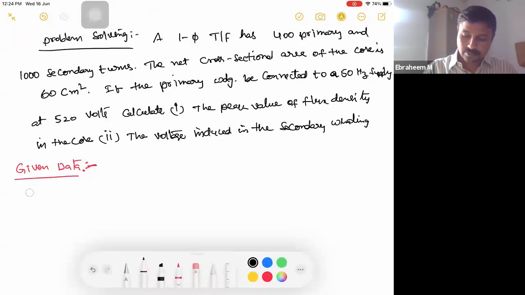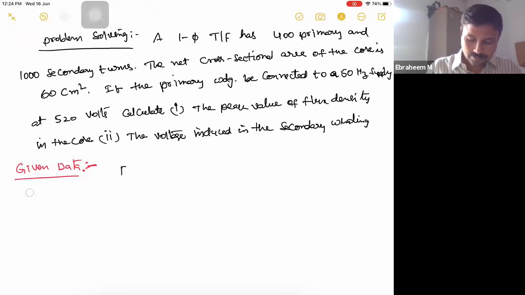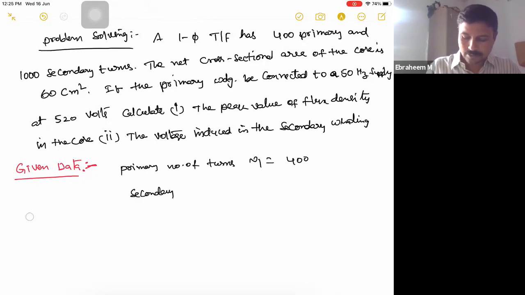We will write in words: primary number of turns N1 is equal to 400, secondary winding turns N2 is equal to 1000.